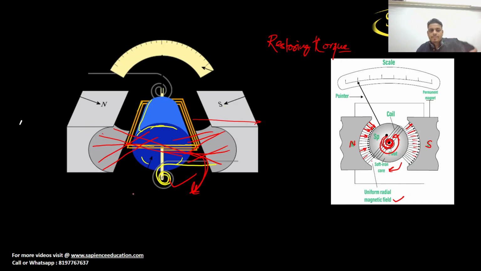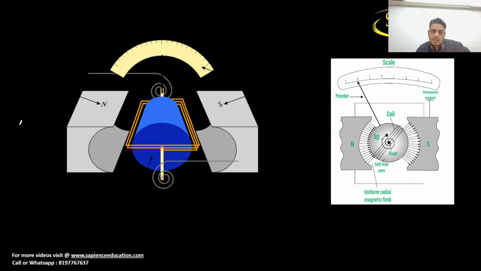So in place of anything else, we are placing a soft iron core, which increases the magnetic field strength.